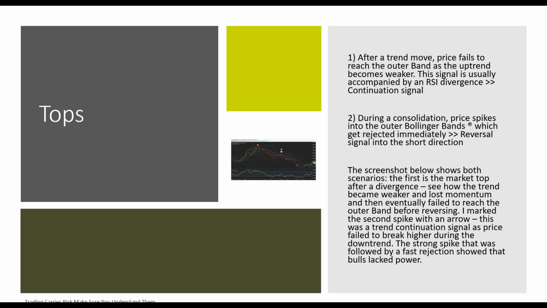Now, the thing about Bollinger Bands is we are looking for something very important. And you notice before I mentioned to you rejection of the outer band, whether it's the upper band or the lower band. So after a trend move, price fails to reach the outer band as the uptrend becomes weaker.